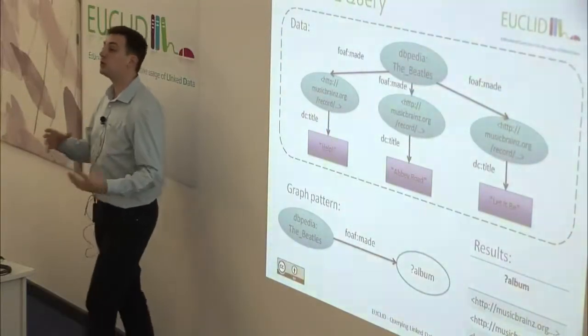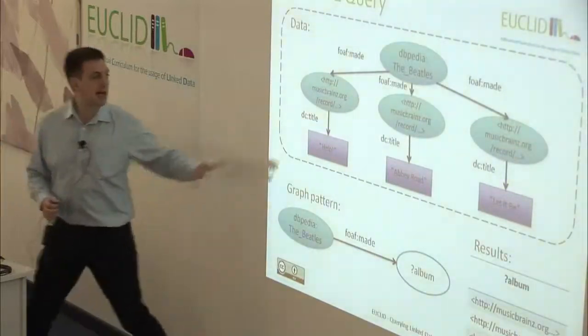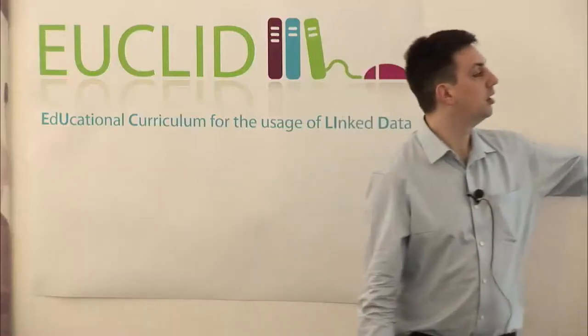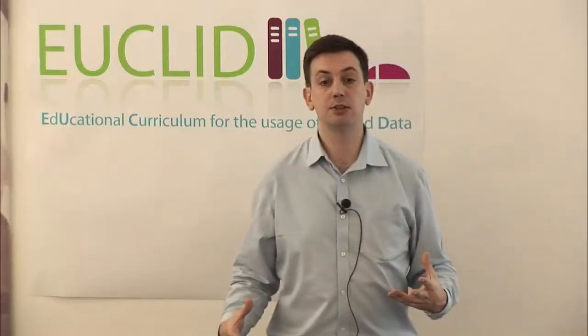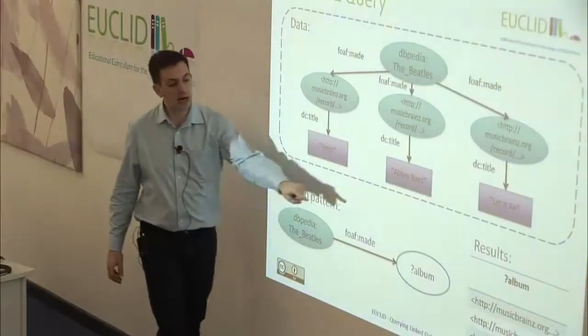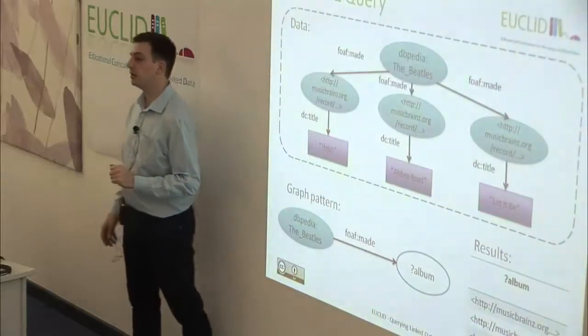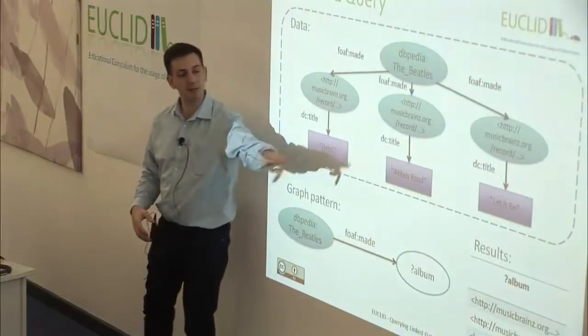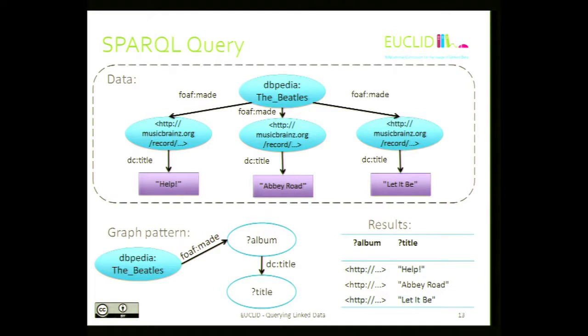So if the machine wants to know more, it can just ask, what's the RDF description of what this URI represents? Okay. So a machine might be quite happy to get this table full of results. A human, on the other hand, actually wants to know that this is Help, Abbey Road, and Let It Be. So they may be more interested in the labels, for which reason we might extend this pattern to include a second relationship.